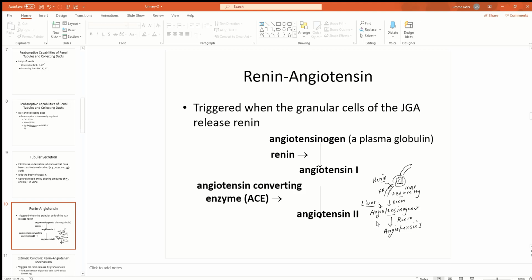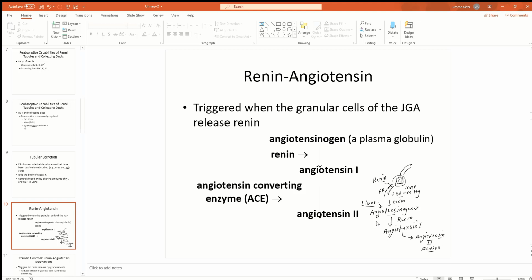Okay, so angiotensin 1 will then be converted to angiotensin 2, and this is very active form, okay, active form of protein.